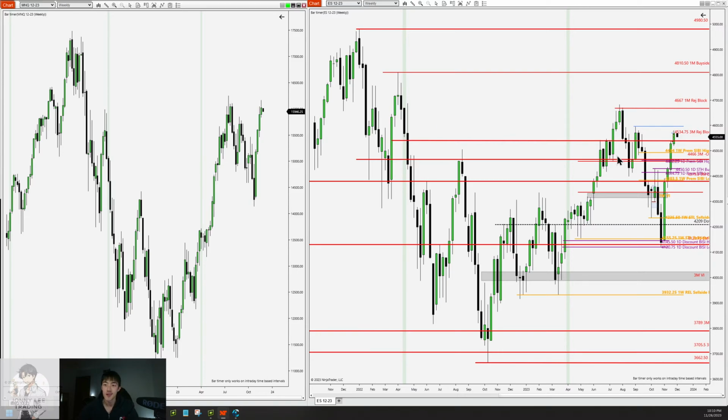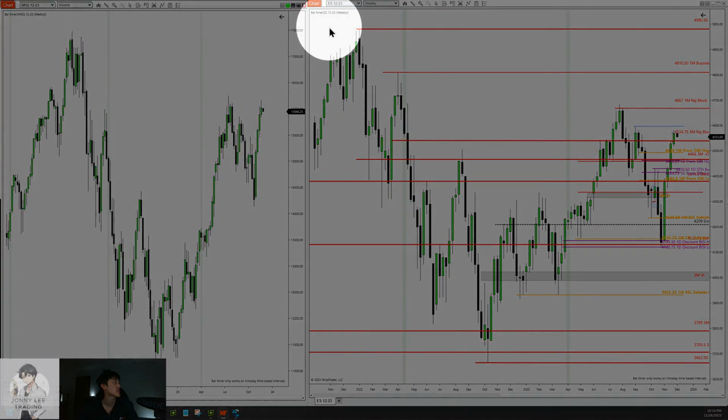Okay, so what do we see on ES that we don't see on NASDAQ? Well, we see that NASDAQ already took out this short-term high. We have two short-term highs here, right? ES has not taken this out yet, so that leads me to believe that we still have some room to take this short-term high out because we call this a sister concept.